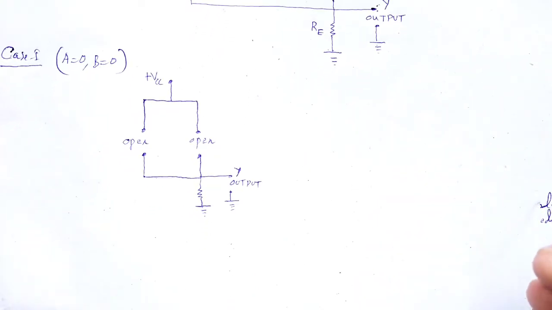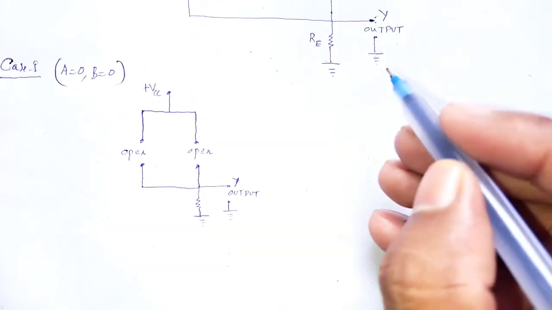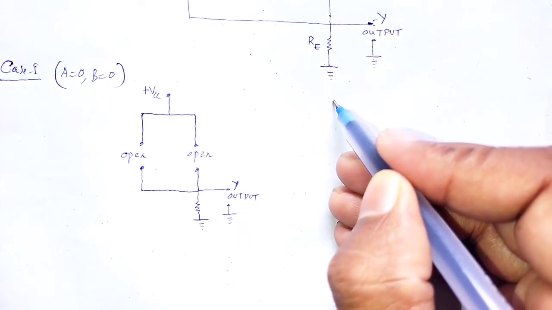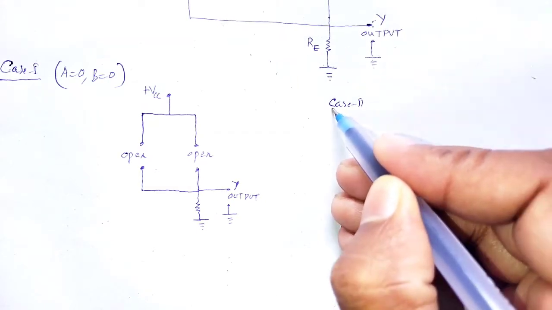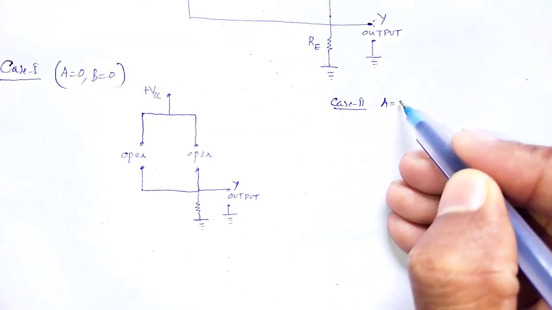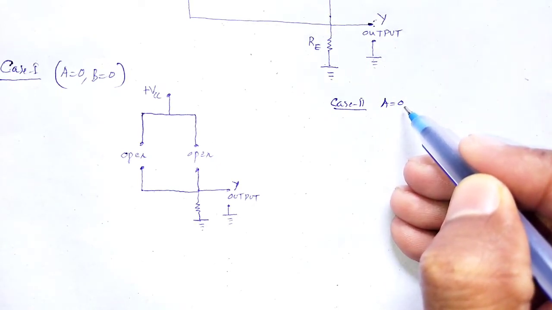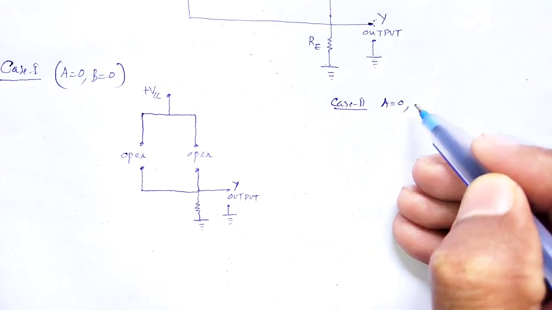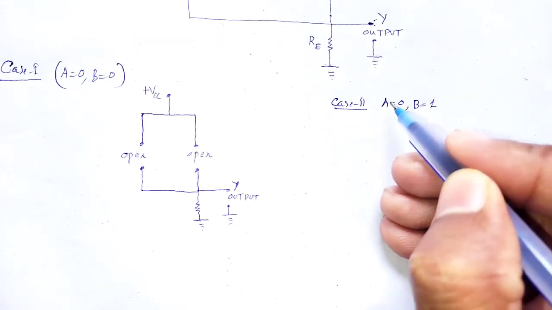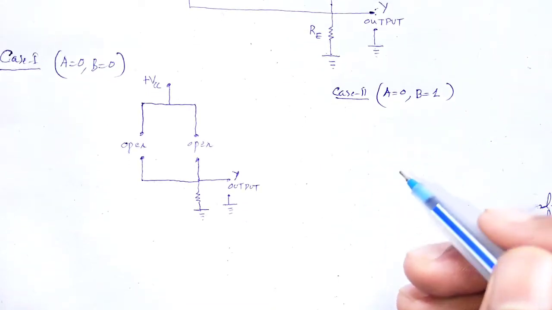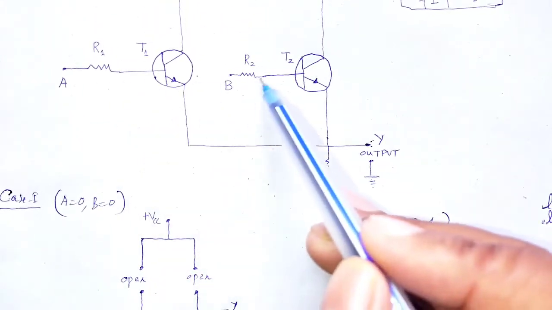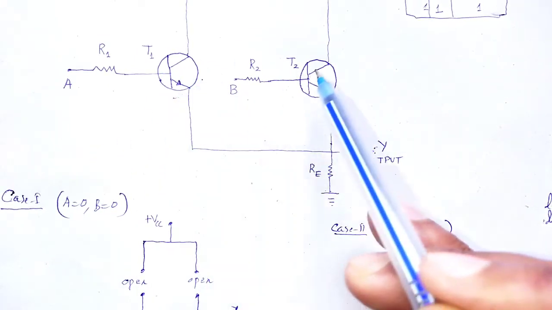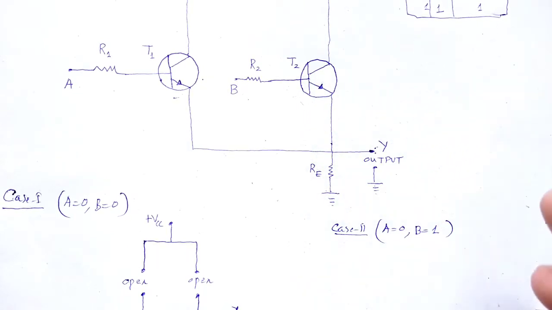Next, case number 2, when A is equal to 0 and B is equal to 1. Then what happened? Same situation, A is equal to 0, B is equal to 1. So A is open and B is short circuited.